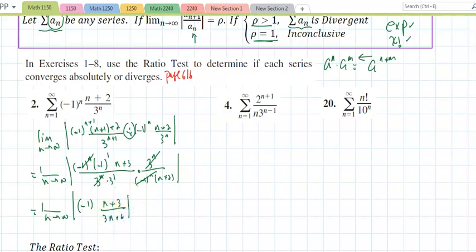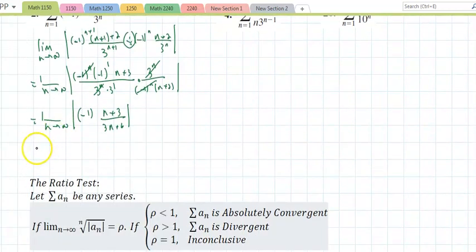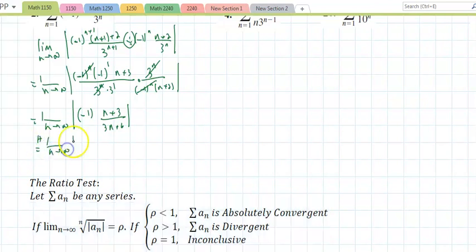And if I apply L'Hopital or divide by the highest power term of the denominator, it doesn't matter. Limit as n approaches infinity, negative 1 you leave alone, that is 1 over 3. So that is 1/3, less than 1. What's your conclusion? Therefore, the series, since there's only one series, the original series is absolutely convergent by the ratio test.